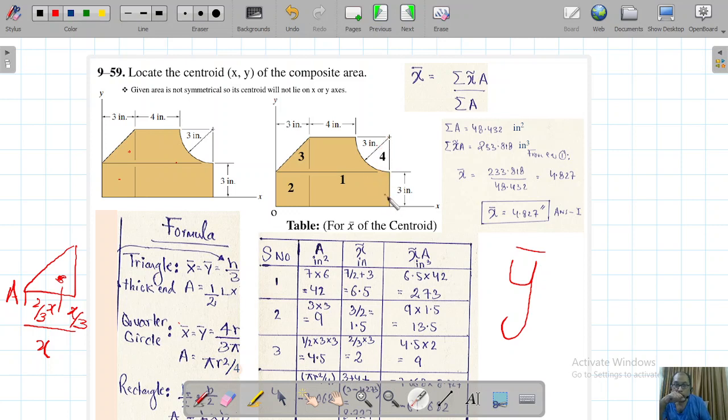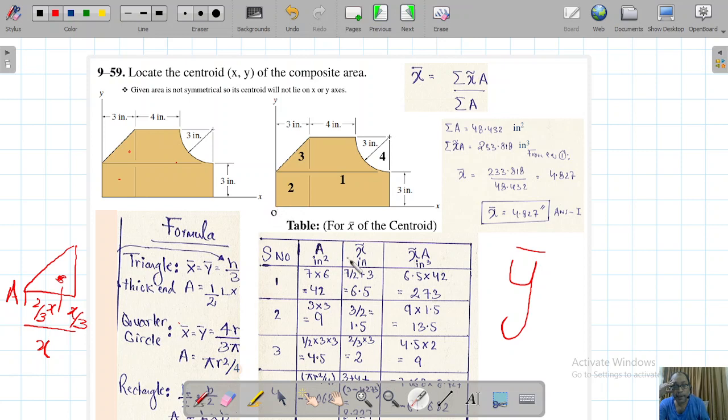But remember one thing, as I told you, we are assuming that this rectangle is solid over here, made up of 4 plus 3, 7 inch in length, and 3 plus 3, 6 inch in height. But remember it doesn't actually exist here. Just to ease our calculation, we say this rectangle is 7 into 6, which is 42 square inch. And as I told you in the previous numerical also, x tilde will always be calculated from the origin.